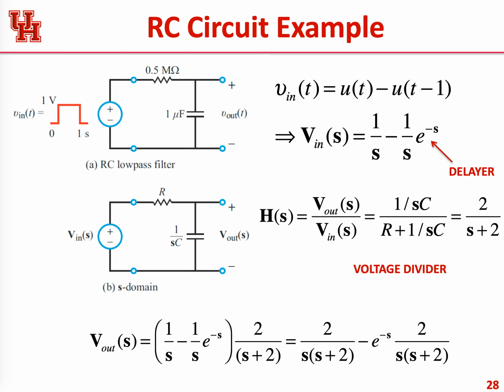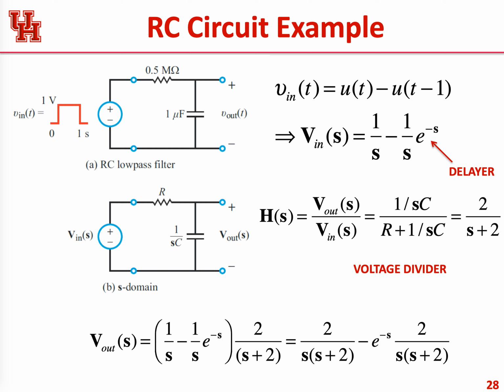So my output is going to be, right, now my RC value for this circuit is going to be 0.5 mega ohms times 1 microfarad, in other words 1 millionth of a farad, right? So this is going to be equal to 0.5, right?